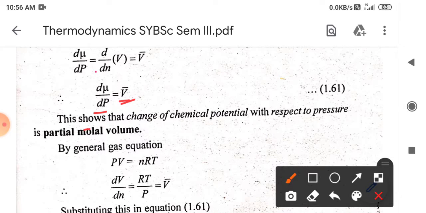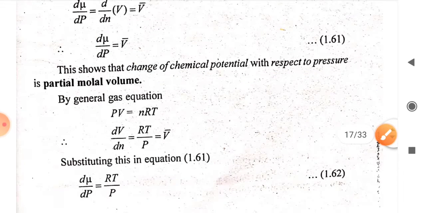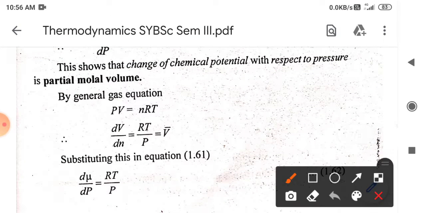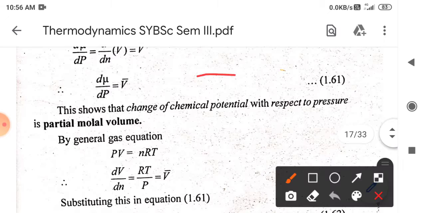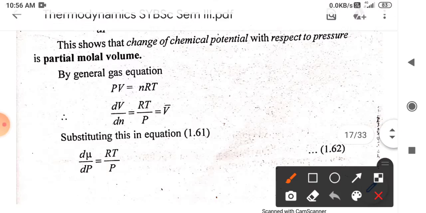So this shows that the change in chemical potential with respect to pressure is the partial molar volume. Now, this is the differential form of the chemical potential and pressure relation. To obtain the integrated form, we simply apply the general gas equation, PV equals nRT, and dV upon dn equals RT upon P, which equals V bar.